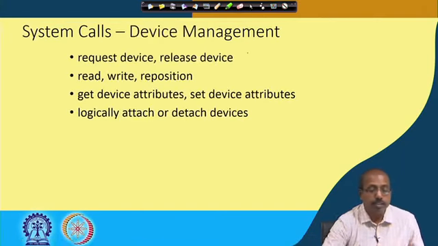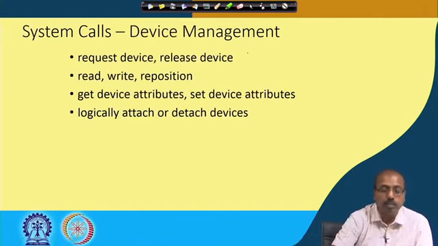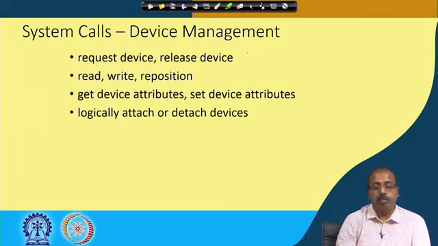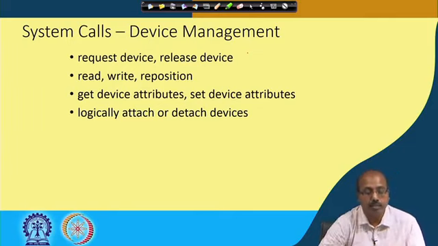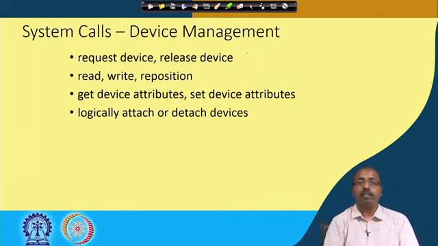Next, we will see the device management related calls. There may be a request for a device, then release a device, then read, write, reposition. This is the same thing: you want to read content from the device or write something onto the output device, or we want to advance the read-write head, that is, repositioning the head.